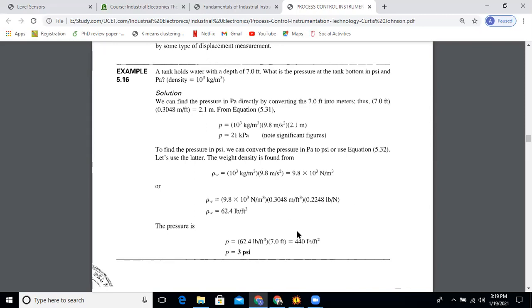So the value will be approximately 3 point some PSI.